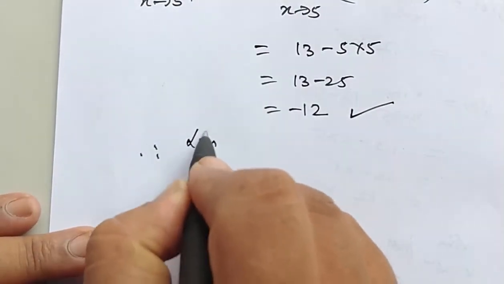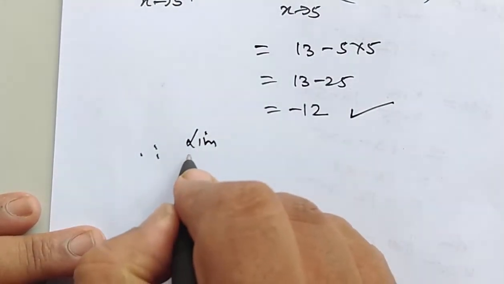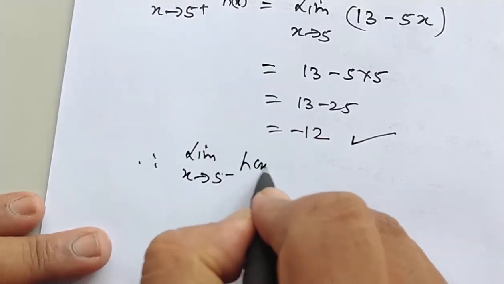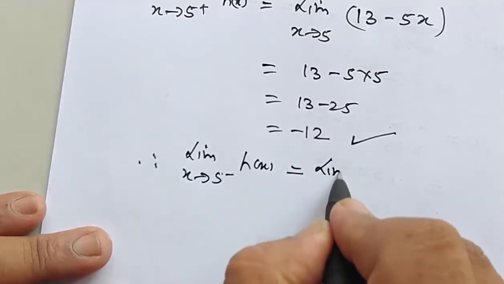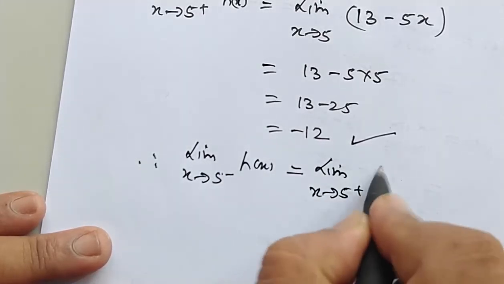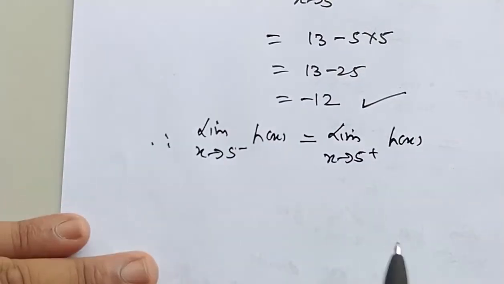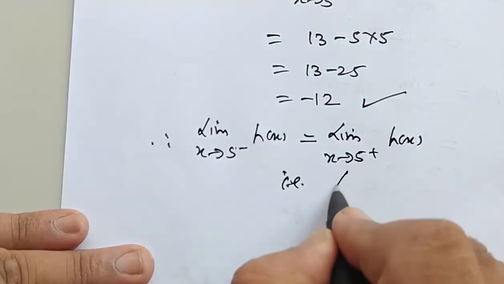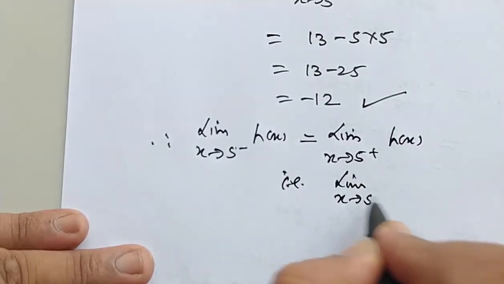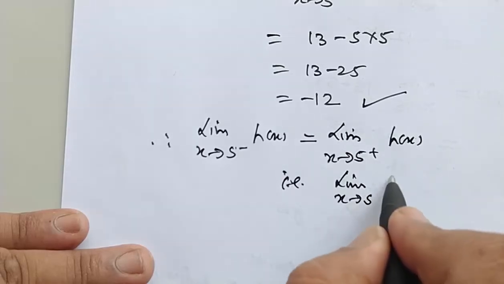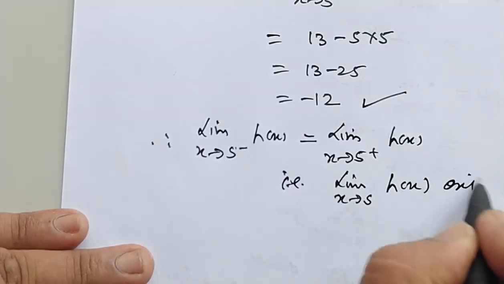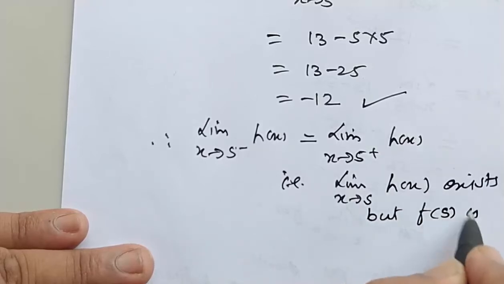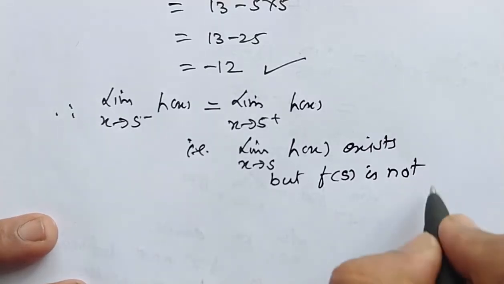Therefore, limit x tends to 5 h of x is equal to limit x tends to 5 plus h of x. Therefore, limit x tends to 5 h of x exists, but f of 5 is not defined.